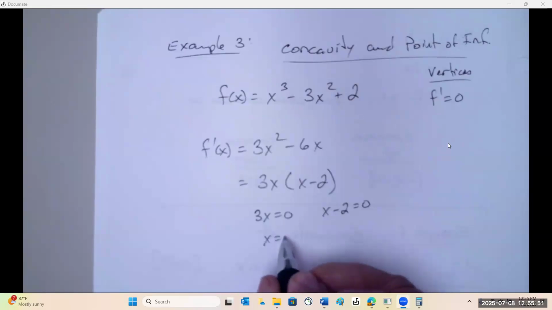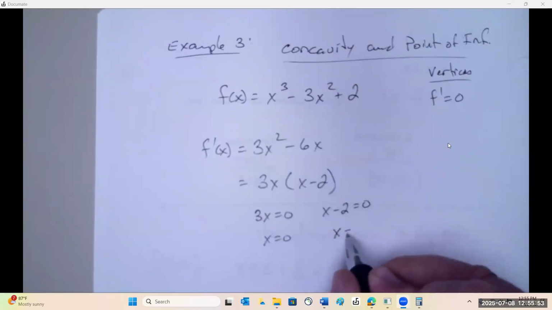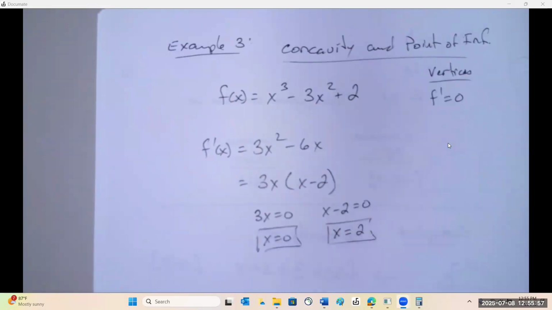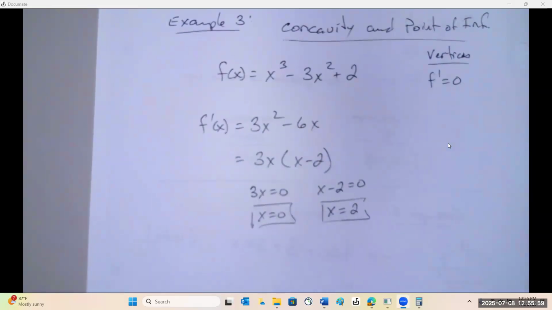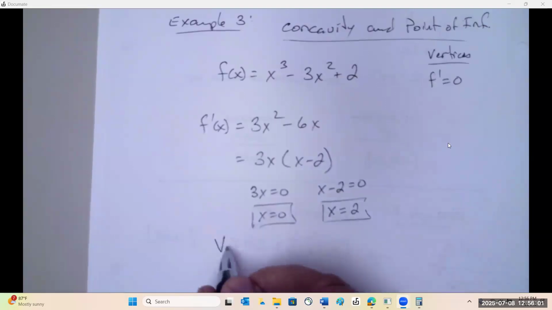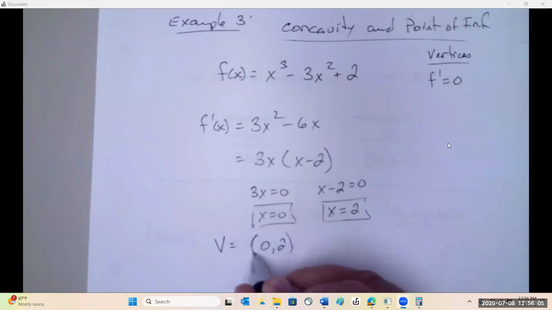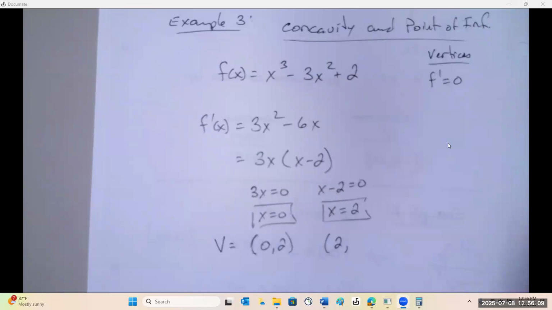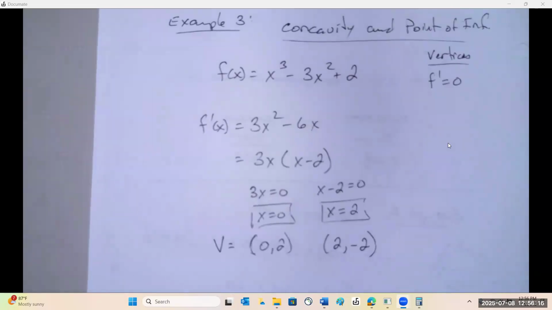So we have our vertices. So we have a vertex at 0, 2, and at 2, 8 minus 12, negative 4, and negative 2.